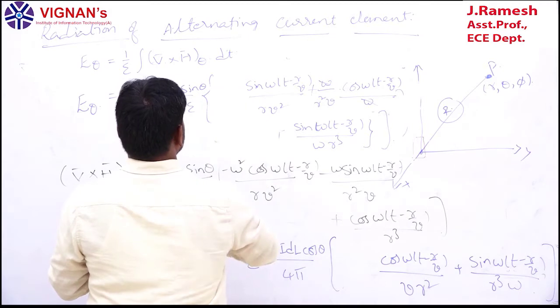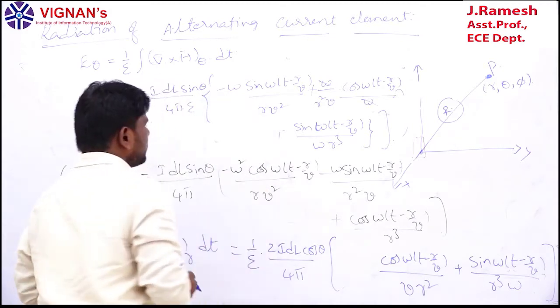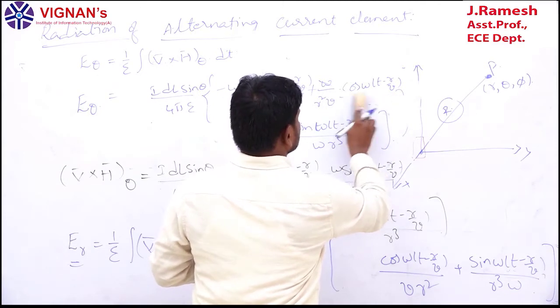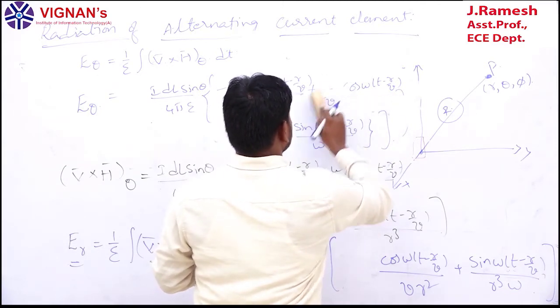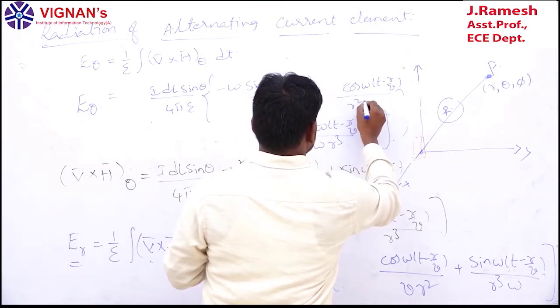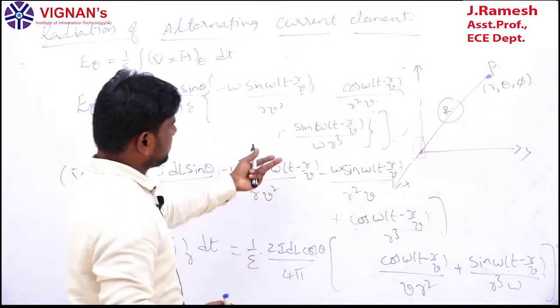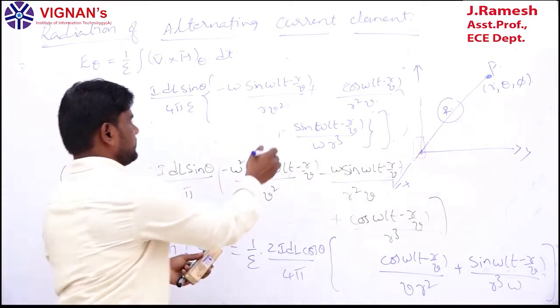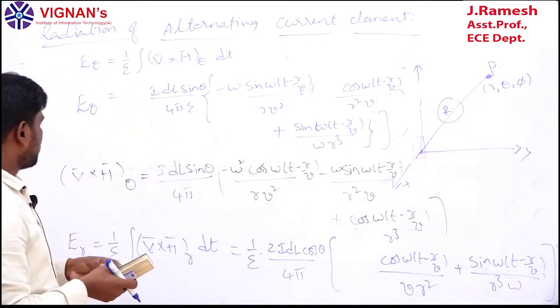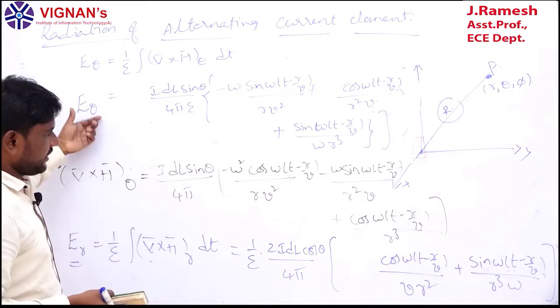So here I am writing only minus omega into this term, and after that omega and omega get cancelled. So that's why here omega is not required, R square V is required. And after that, this is simply plus sine of this term. So now we got our two terms, one is ER and E theta.